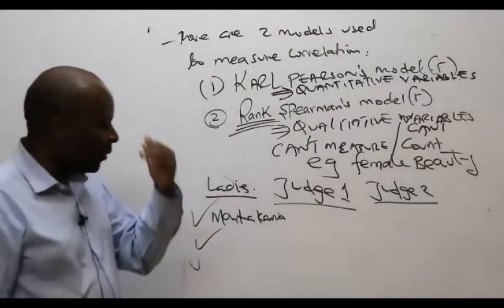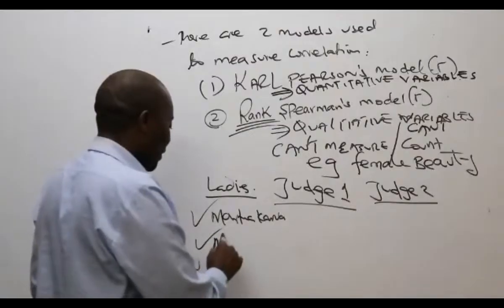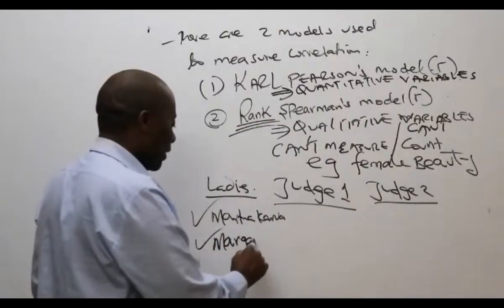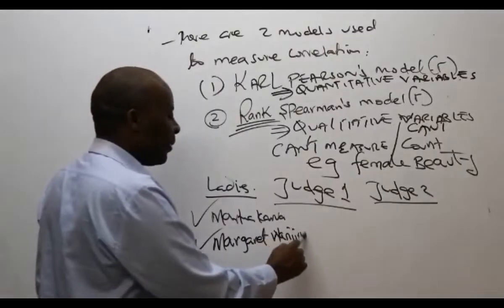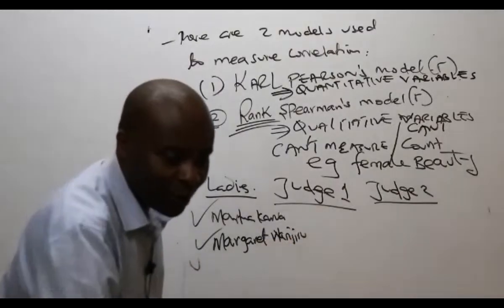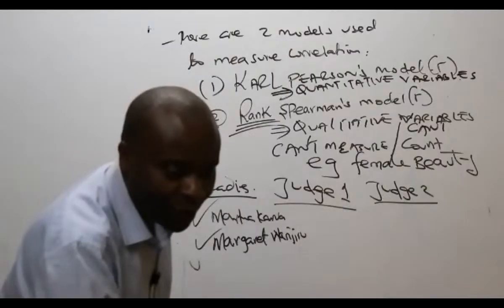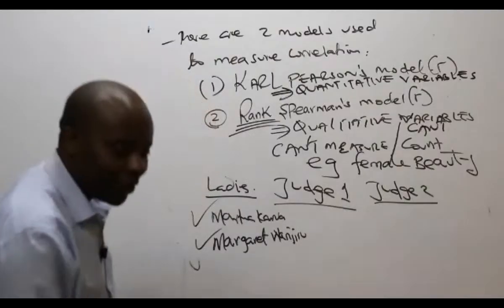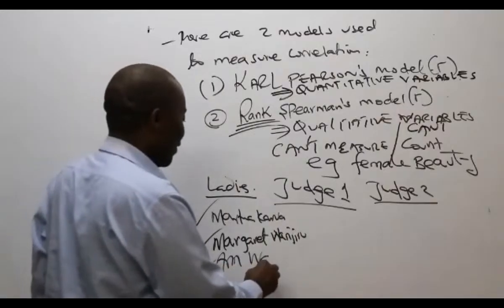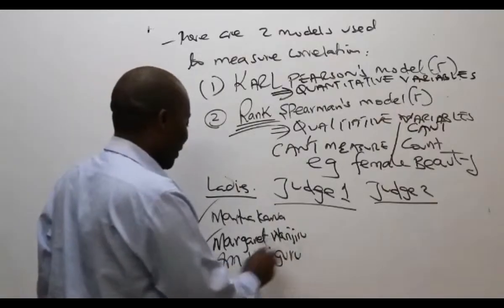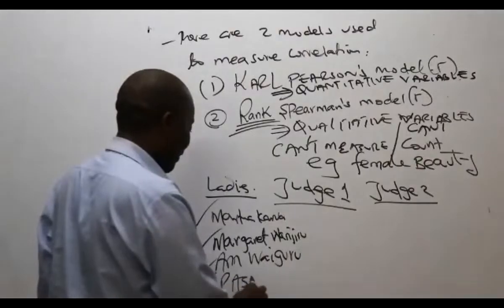Those ladies that you know, like Wanjiro, Margaret. Ijina ni ngumu kuandika, tunione kama nitaipata. Margaret Wanjiro. Nani mwingine hawajasema bado. I want you guys to not feel shy. Anne Waiguru, thank you very much. Pasaris, yes. Anne Waiguru. Then we have Pasaris.